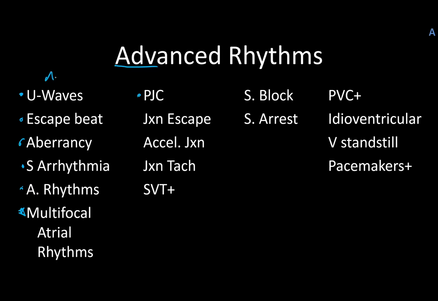This isn't even specifically atria, but we've got our AV junction. And we'll talk about junctional escape, accelerated, and junctional tach. We'll dig deeper into SVT as it relates to these. In terms of our blocks, we'll add a couple more, and it's going to be sinus block versus sinus arrest.